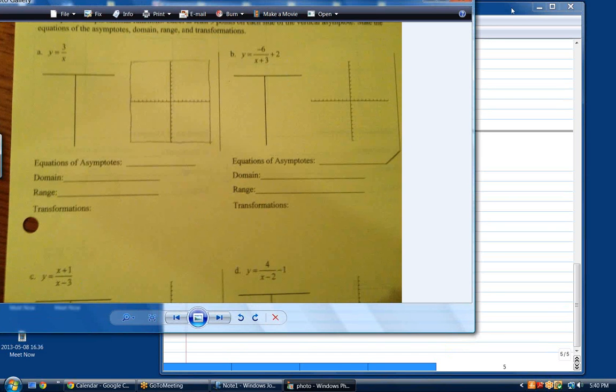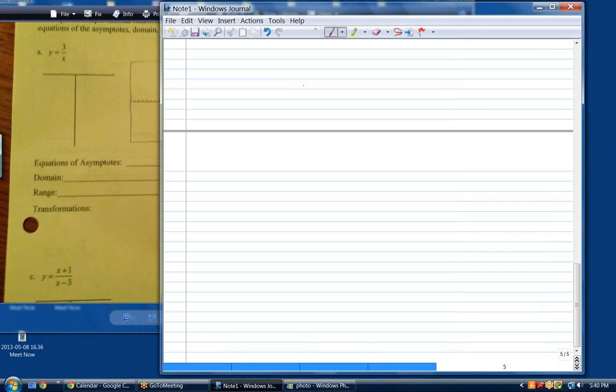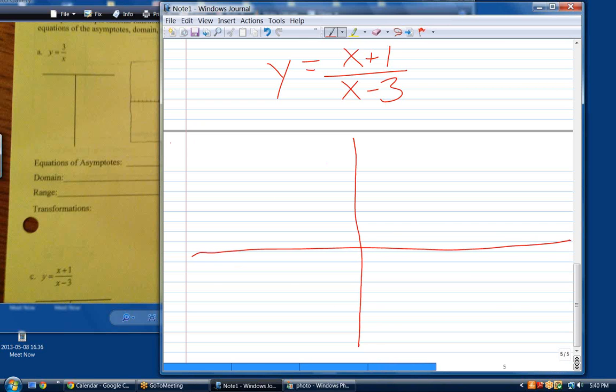I'm going to look at C next. It's the vertical asymptote, x equals 3.